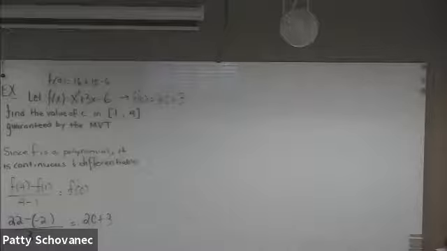Following the recipe. Step 1, find this. Step 2, find that. Now set them equal to each other. So the left-hand side simplifies. Numerator is 24 over denominator 3. 24 over 3 is 8. 8 is equal to 2c plus 3.